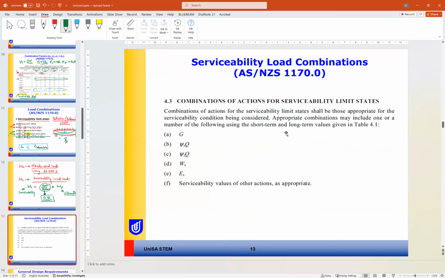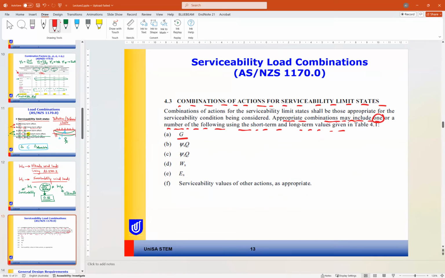The standard gives it to us in this form: combination of actions for serviceability limit states. The standard mentions that appropriate combinations may include one or a number of the following, using the short-term and long-term values.